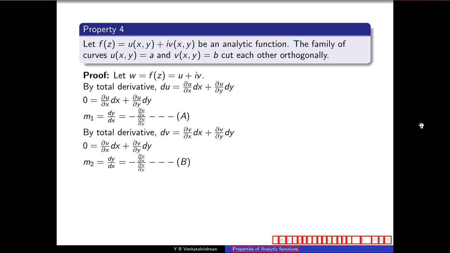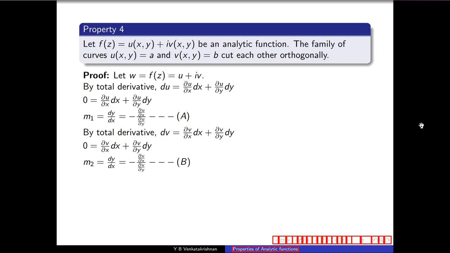Similarly, using the same approach, namely finding the total derivative of v, we get the slope of the curve v equal to b as minus dou v by dou x whole divided by dou v by dou y, which is represented as equation B. And I have already told you, in order to prove that the family of curves cut each other orthogonally, I have to prove that the product of the slopes is -1.